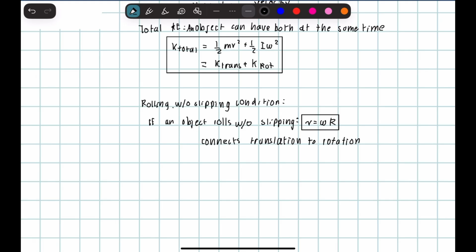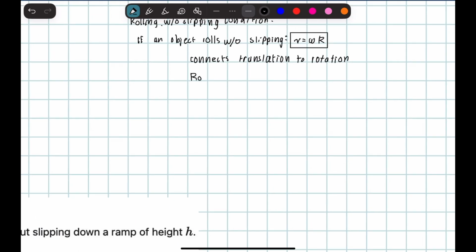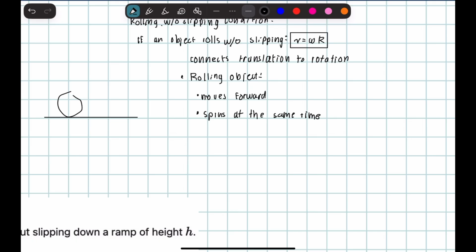Now, we can create a little comparison here. What is a rolling object? A rolling object moves forward, and it also spins at the same time. When we think about this, let's say we have a ball, and we mark this area of the ball.